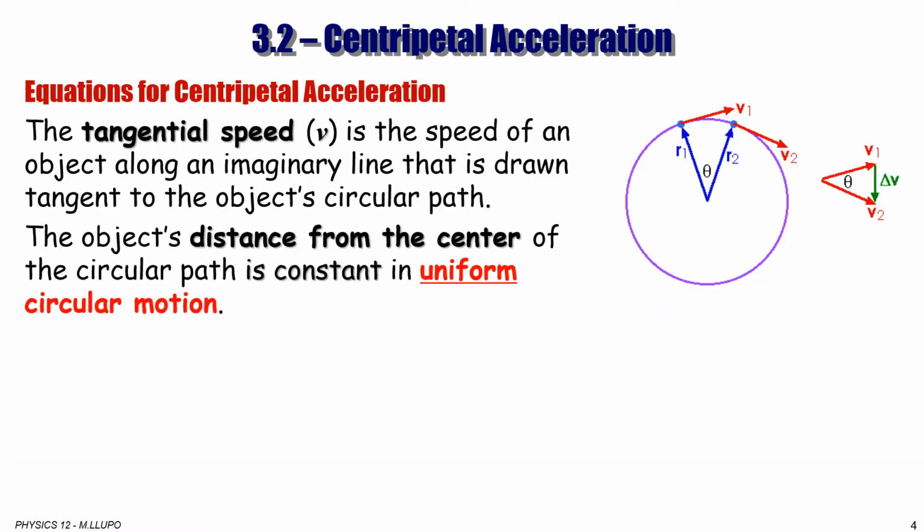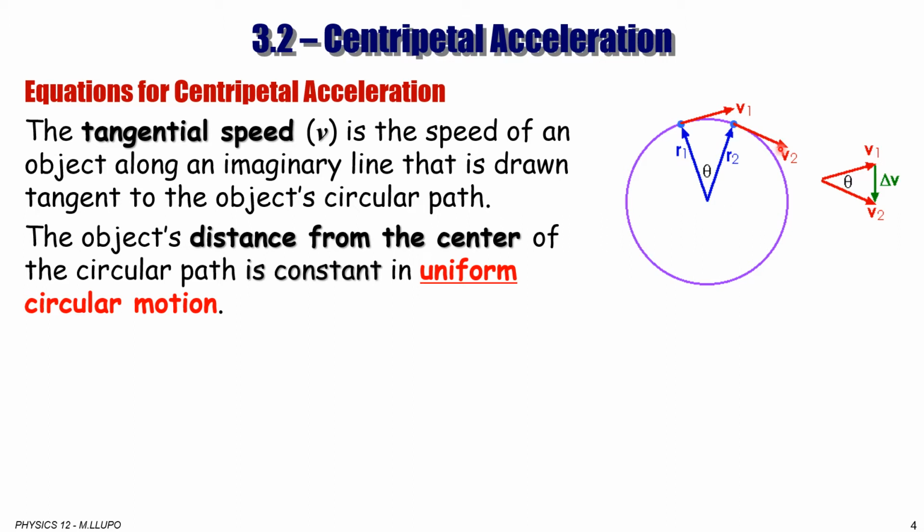In order to derive the equation for centripetal acceleration, we have to review a few things. First, velocity is tangent to a circle at any point. If you take a look at the diagram on the right, the velocity at point 1, for example, is tangent to the circle. At point 2 it is also tangent to the circle.